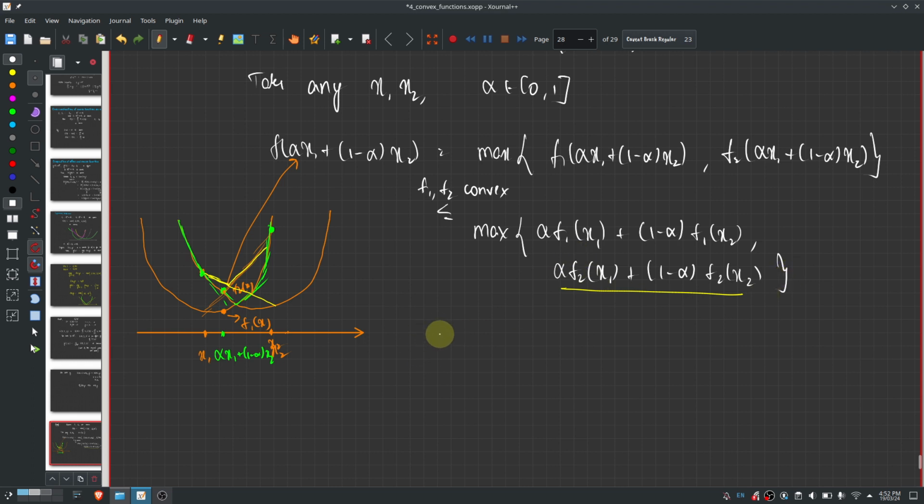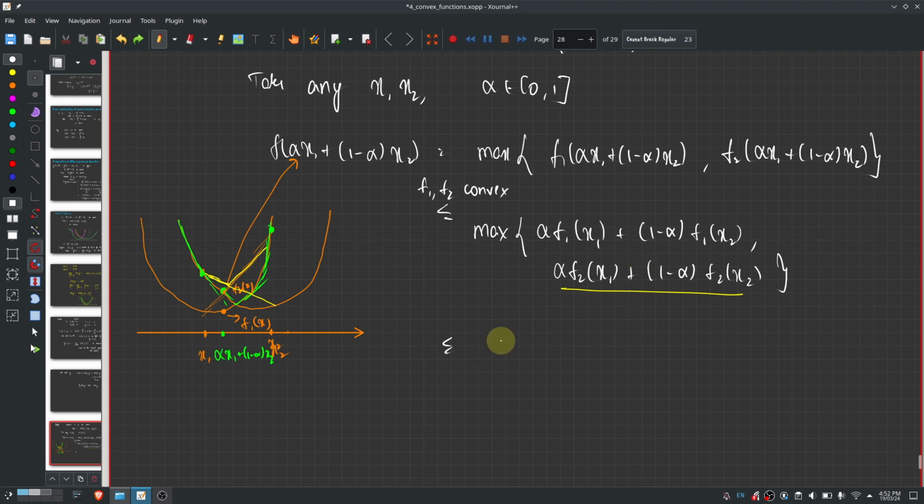So we have that f of alpha x1 plus 1 minus alpha x2 is less than or equal to the maximum of these two quantities, right? But I also claim that this is less than or equal to alpha times, okay, each of these is a sum of two functions, correct?